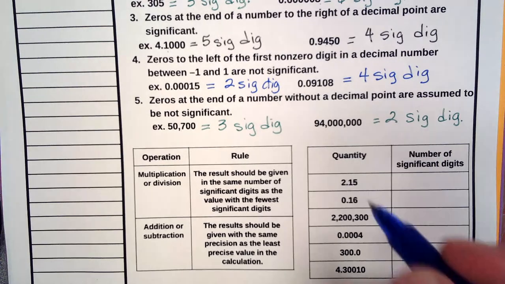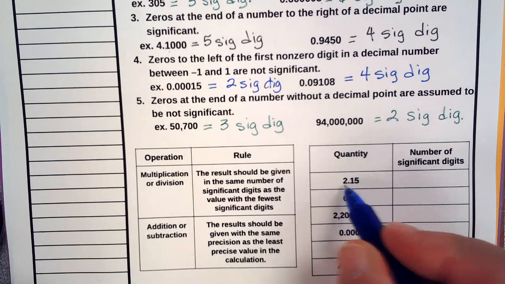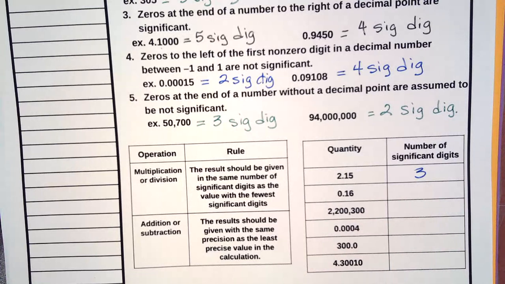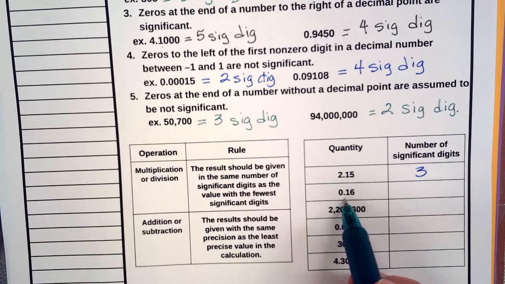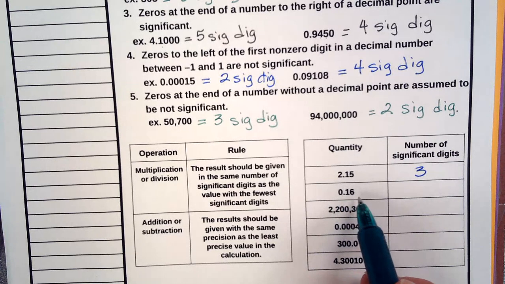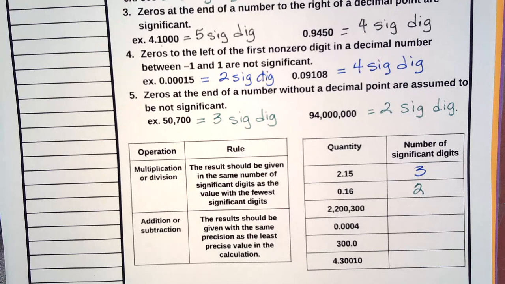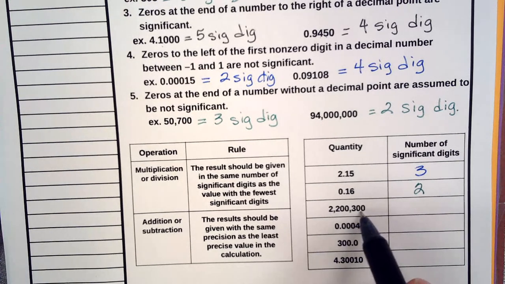Okay, let's look. 1, 2, 3. This has 3 significant digits. Here's my decimal. This on the right of the decimal, I'm not going to count it. So this has 2. Okay, here these zeros will not count.